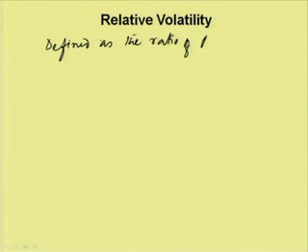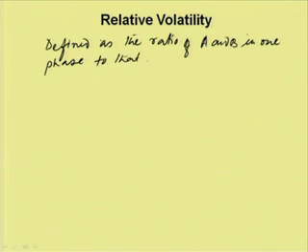Relative volatility is defined as the ratio of A and B in one phase to that in the other phase.